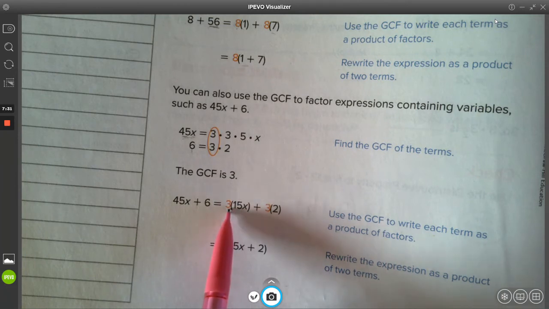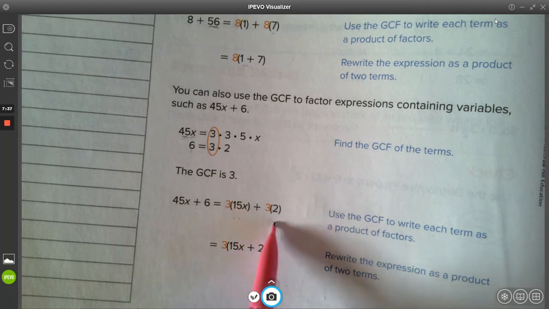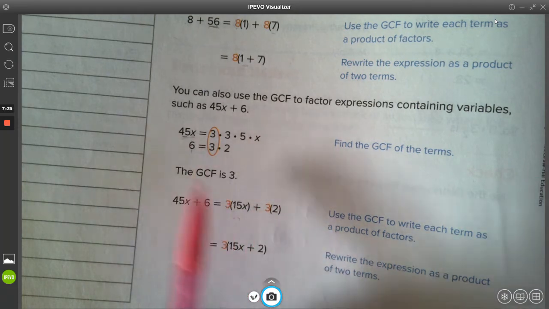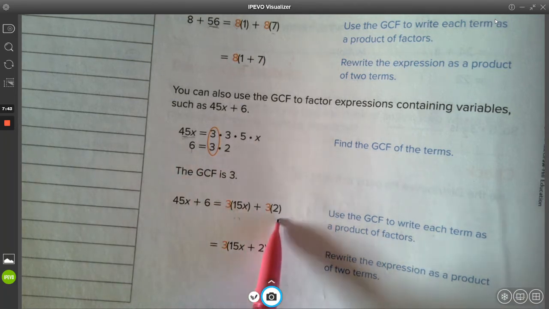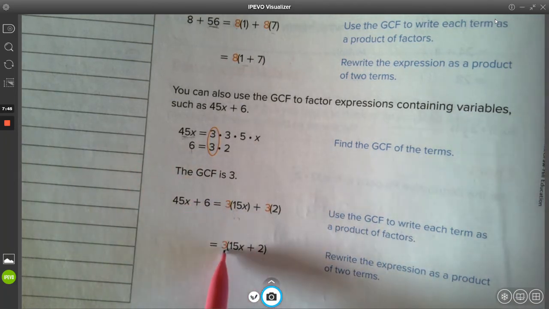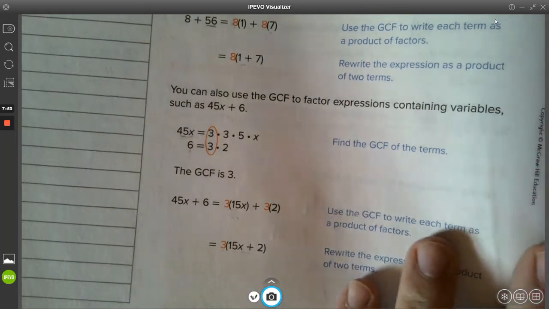So we would pull 3 out and then do 3 times 15x plus 3 times 2x, because 45 divided by 3 is 15. 6 divided by 3 is 2. So when we finish factoring the expression, we have 3 times, in parentheses, 15x plus 2.